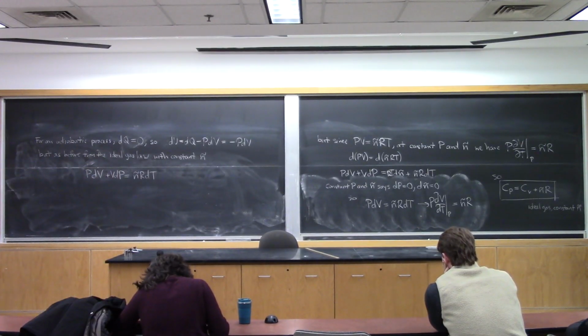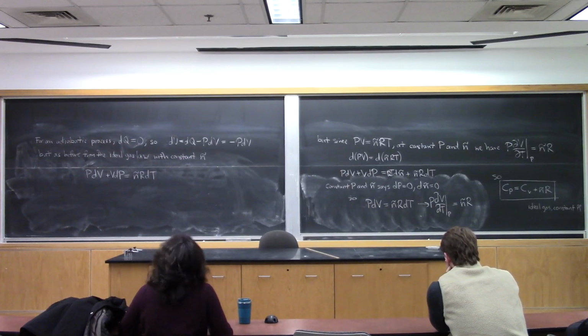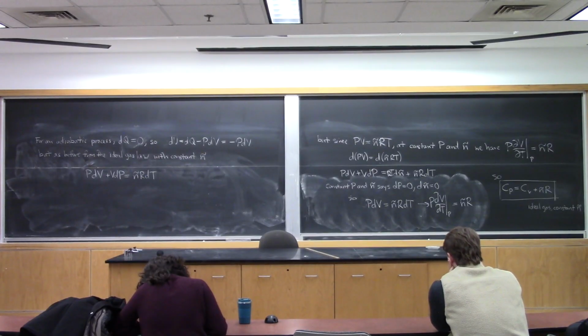Right, that's what we wrote before over there, when dn tilde is equal to 0. So now we're going to get what we call the adiabatic gas law out of this. It will be important to remember, it's not a separate gas law from the ideal gas law. It is the ideal gas law for the case of an adiabatic process where there's no heat flow in or out of the gas as it changes its conditions.